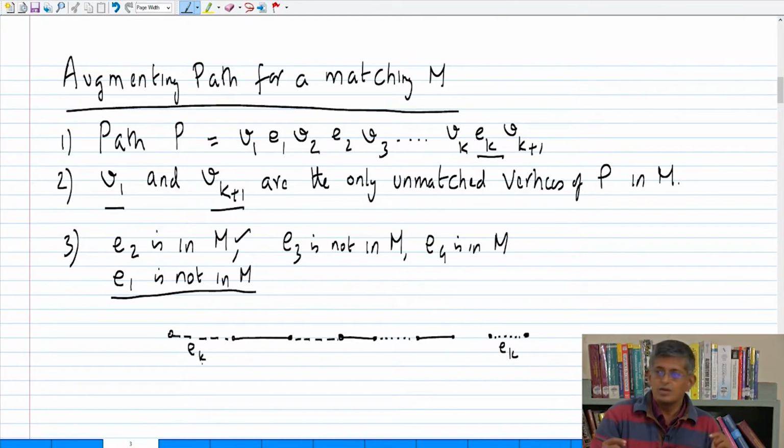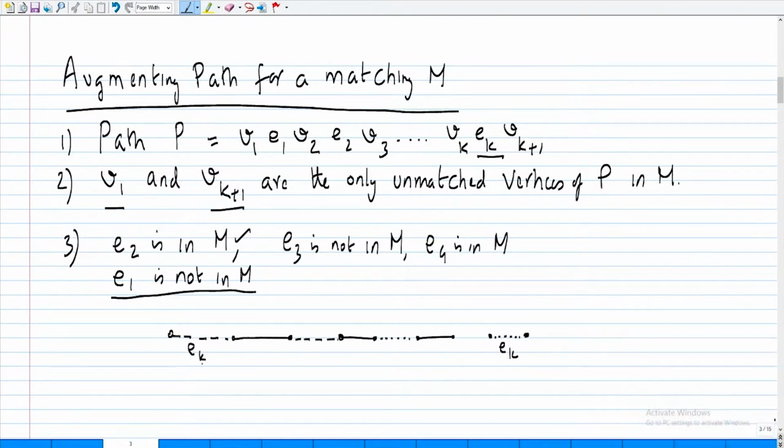Now, as you can see, you can do a neat exchange using this path, change the matching, by adding E1 to the matching, removing E2 from the matching, adding E3 into the matching, and so on, finally adding Ek into the matching and removing Ek minus 1.